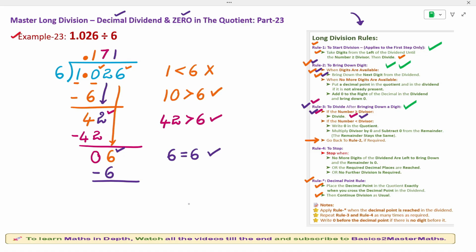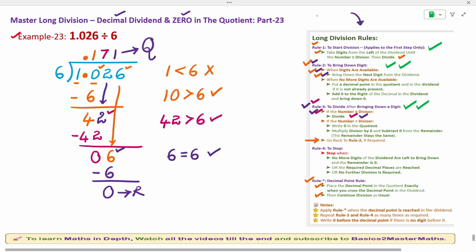So, you will get 0 as the remainder and 0.171 as the quotient. Now, rule 3 is complete for the second time.